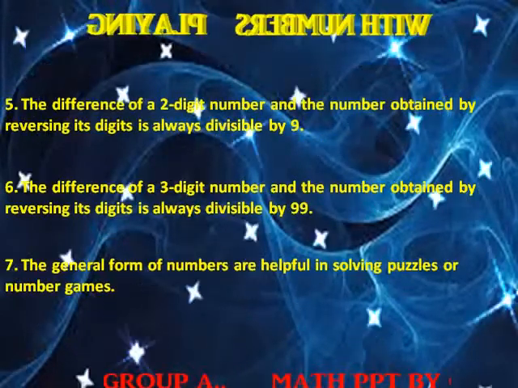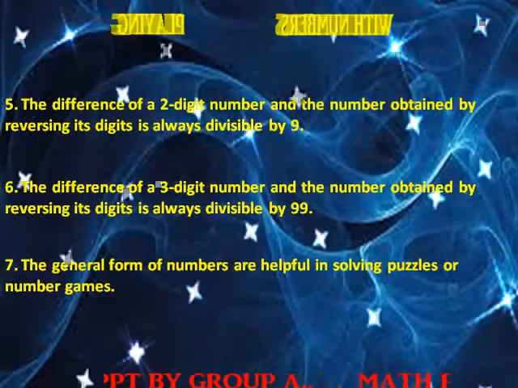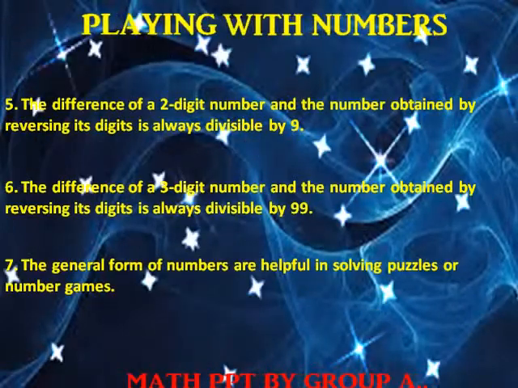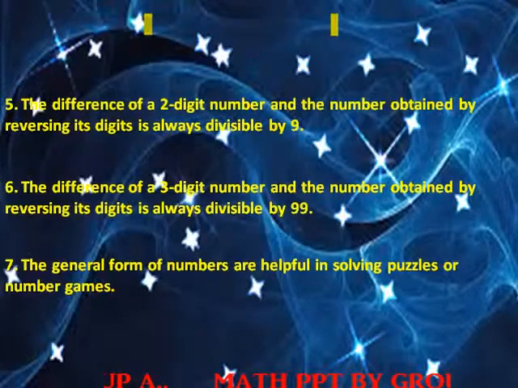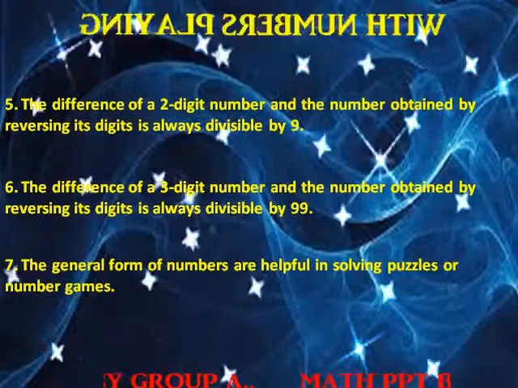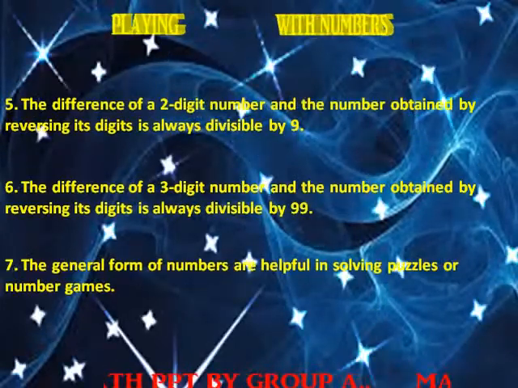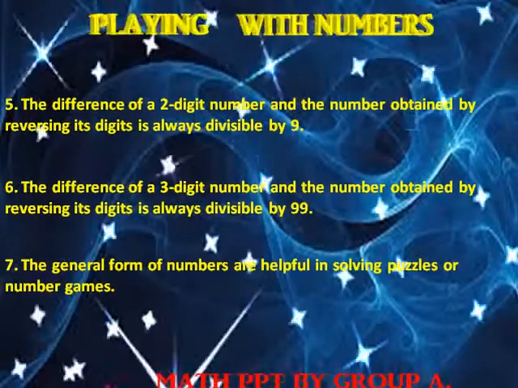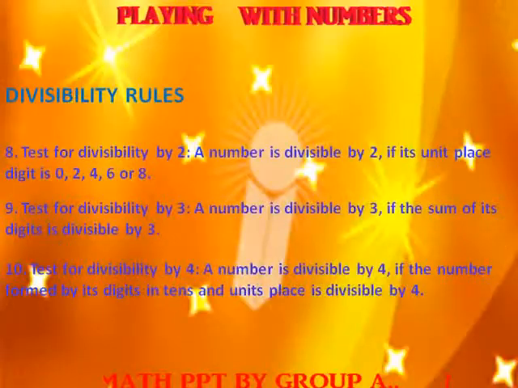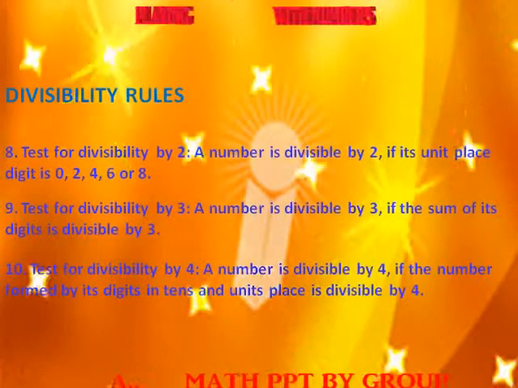6. The difference of a 3-digit number and the number obtained by reversing its digits is always divisible by 99. 7. The general form of numbers is helpful in solving puzzles or number games. Divisibility rules. 8.